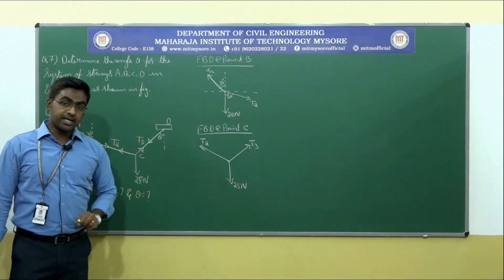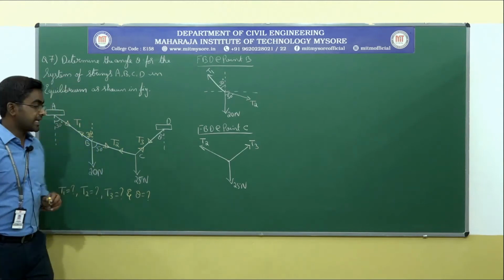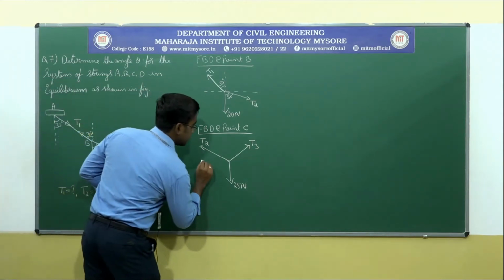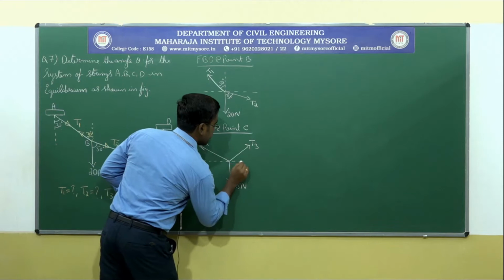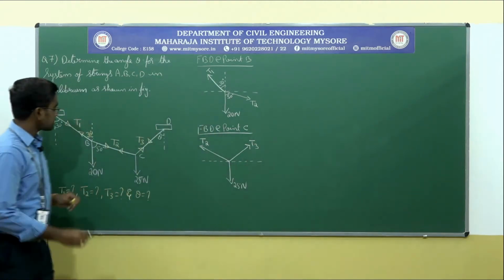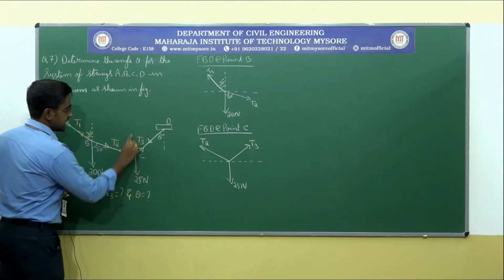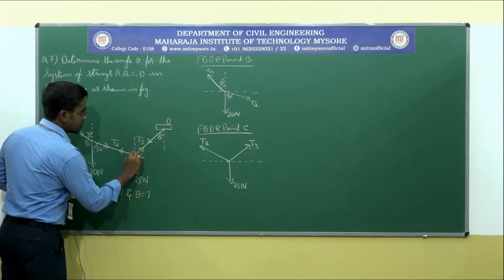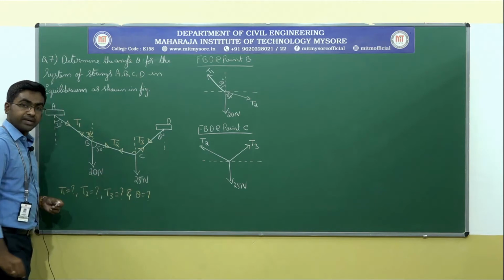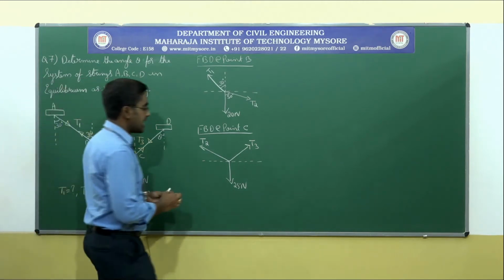Now let us represent the angles for the inclined forces. If this angle is 50 degrees, what should be this angle? 50, because alternate angles are equal.